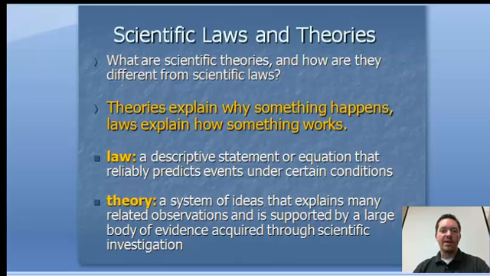Whereas a theory is a system of ideas that explain many related observations and is supported by a large body of evidence acquired through scientific investigation. Another note we might put in here are hypotheses, which are just an if-then statement when we're trying to figure out if X is a result of Y.